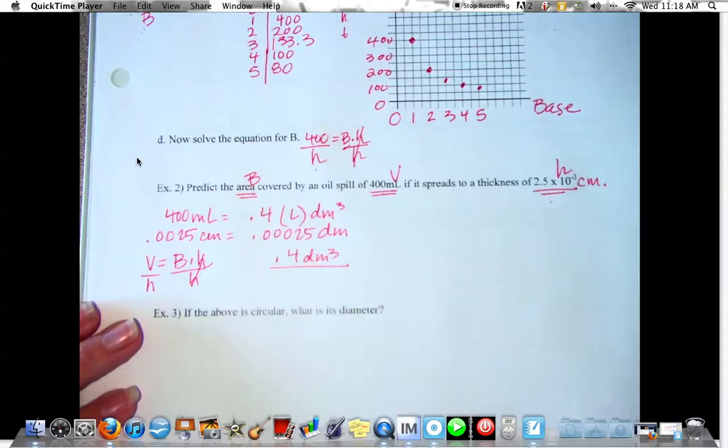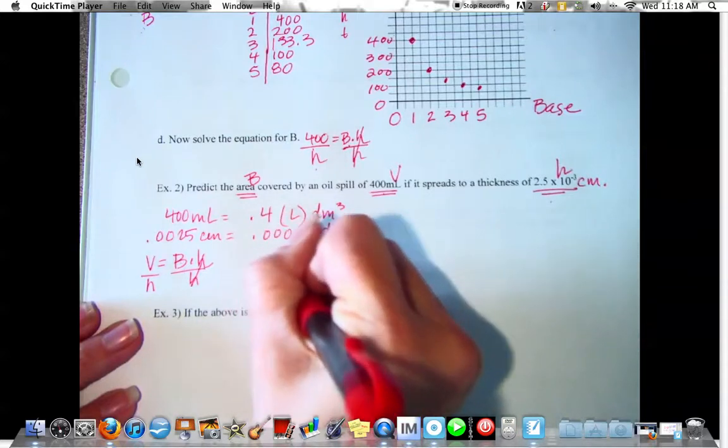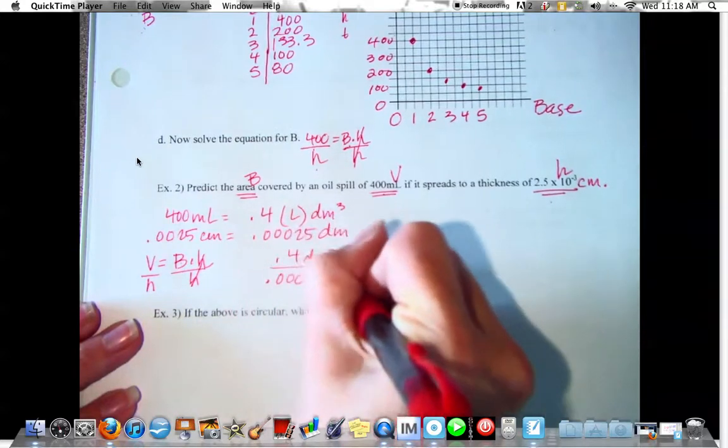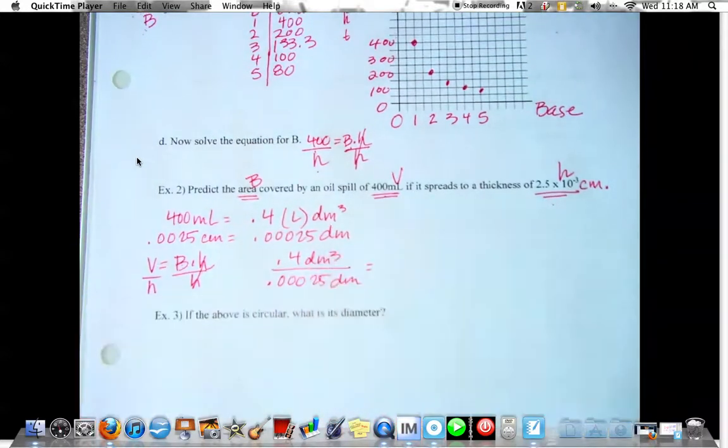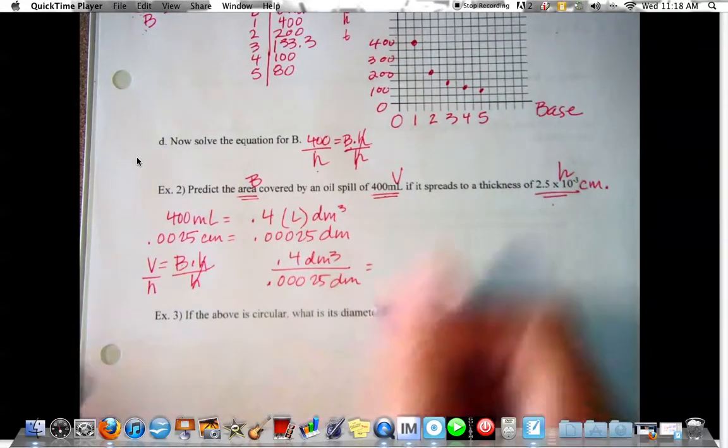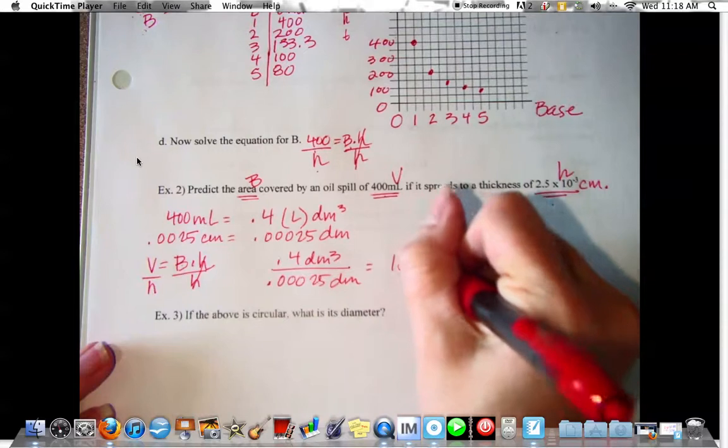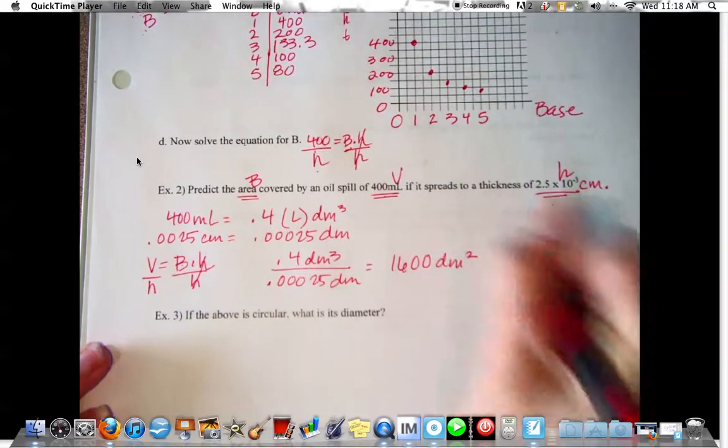Your height, 0.00025 decimeters. So in your calculator, type that in. And you get 1,600 decimeters squared.